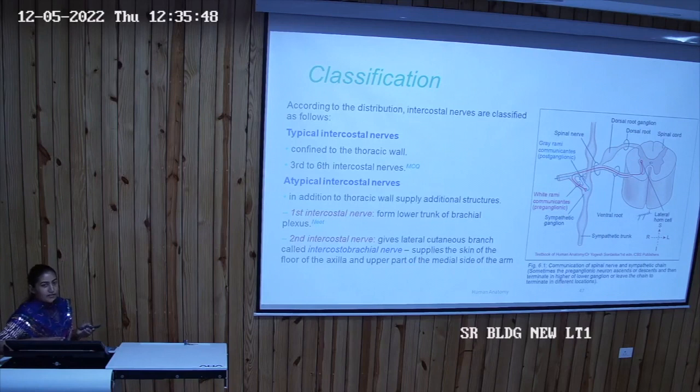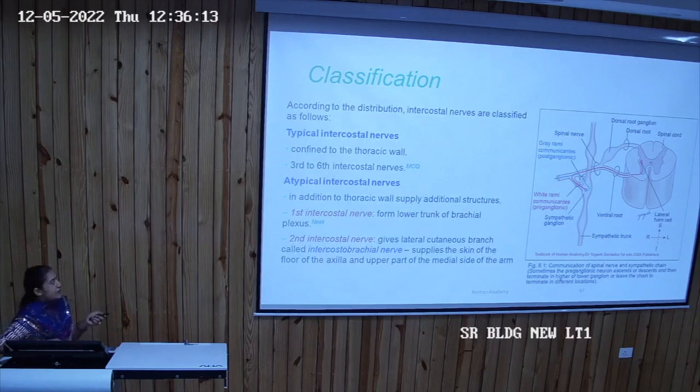Everybody knows the first intercostal nerve is a part of the brachial plexus. The second intercostal nerve gave a cutaneous branch, the intercostobrachial branch, supplying the medial side of the arm. So these are the two nerves not included in the typical intercostal nerves.